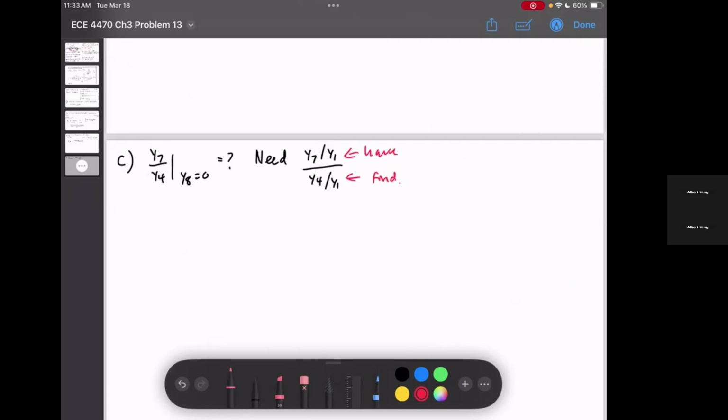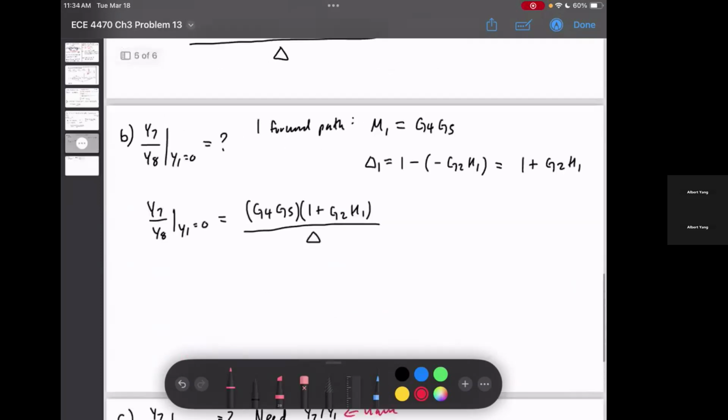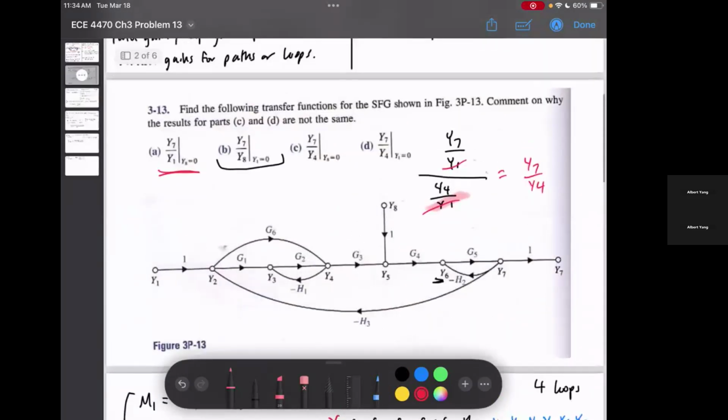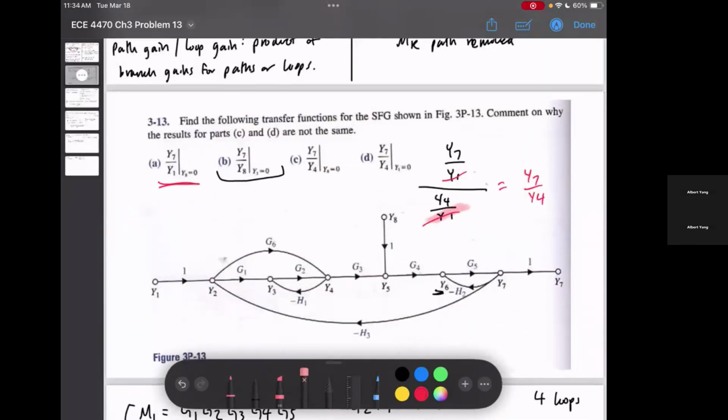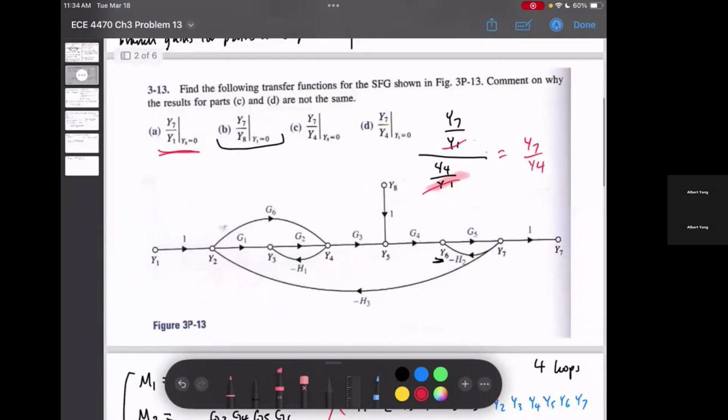Then we define y4, y1, and then y8 is 0. So let's go to y4 to y1 and see what we have. So y4, or rather y1 to y4, that's here, with these two.